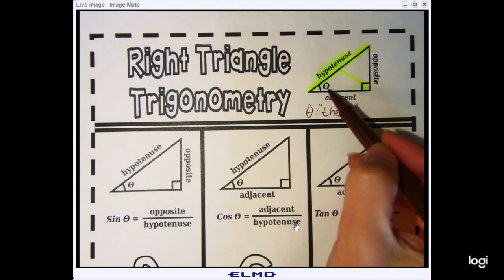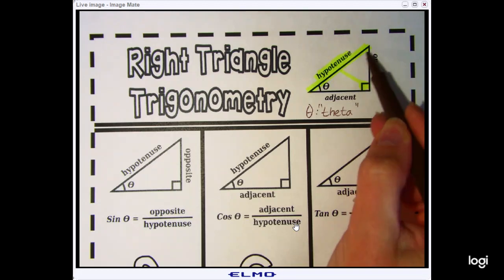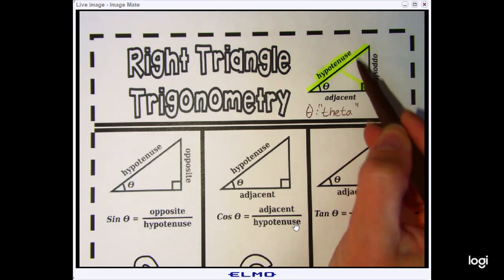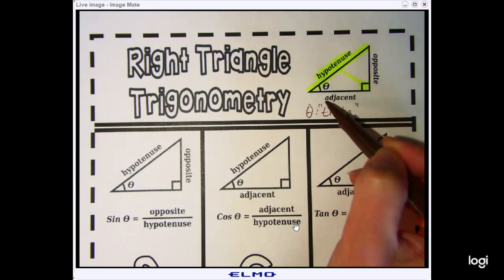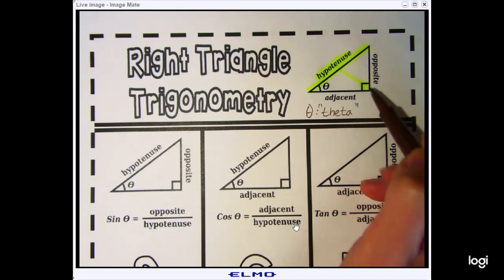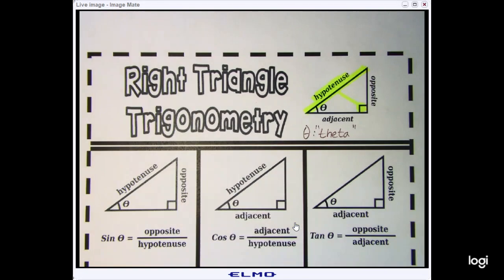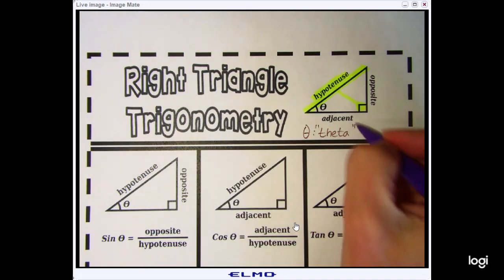Now, the angle that we're looking for is sometimes here, or it might jump up and be in this other corner. And depending on which one it's in, determines what side is adjacent and what side is opposite. Adjacent means next to, right?